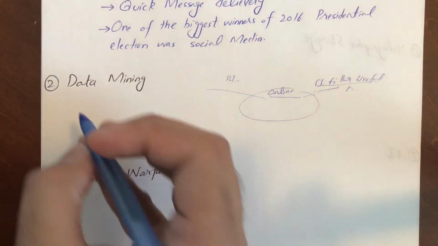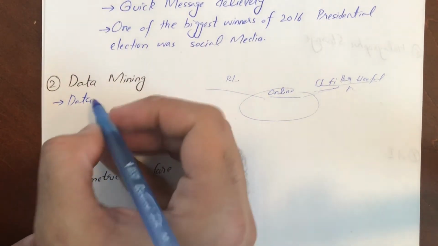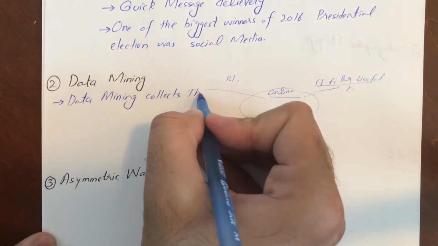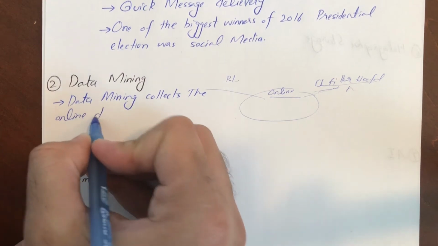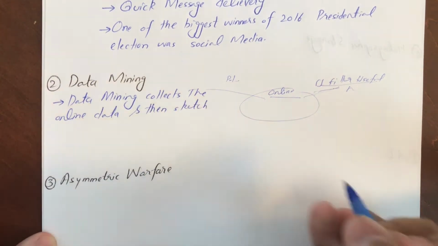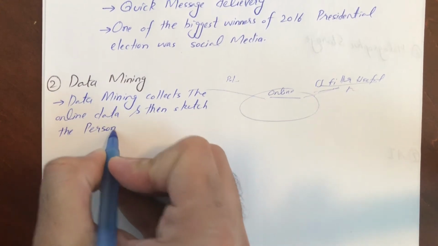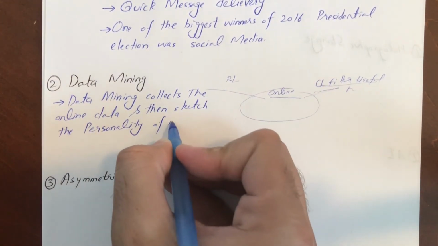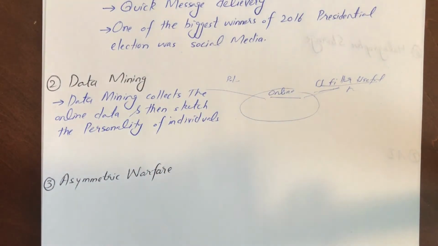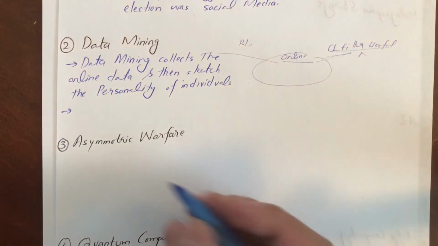So let me define data mining. Data mining collects the online data and then, specifically for political data mining, sketches the personality of individuals: what kind of person they are, which party they like, which candidate they like, and what kind of things attract them.